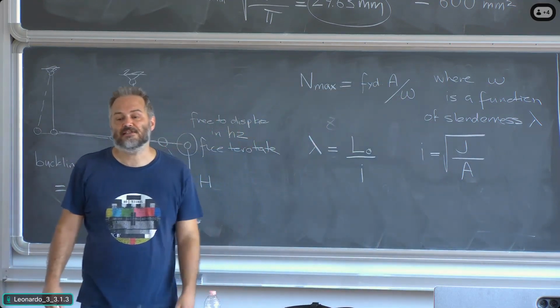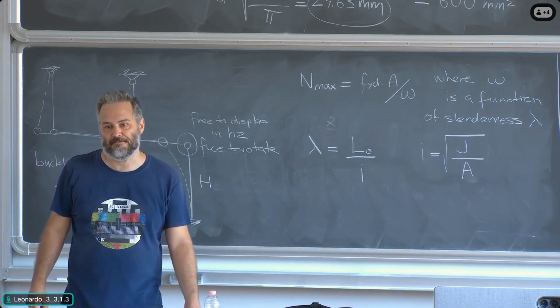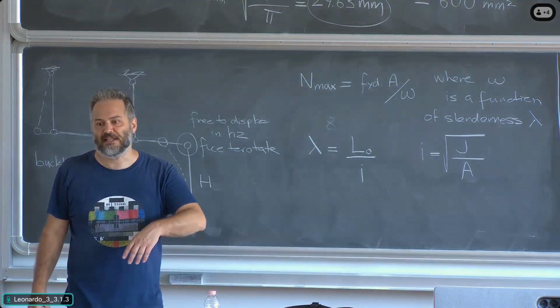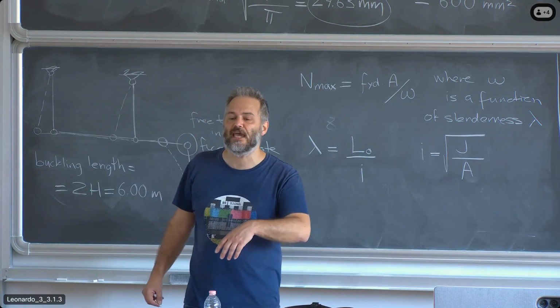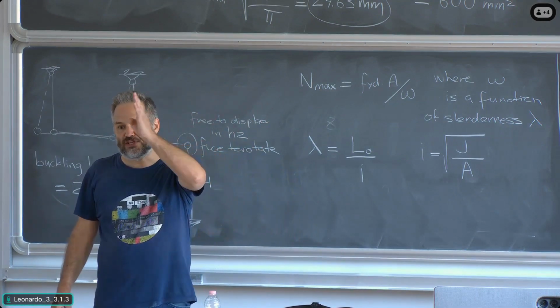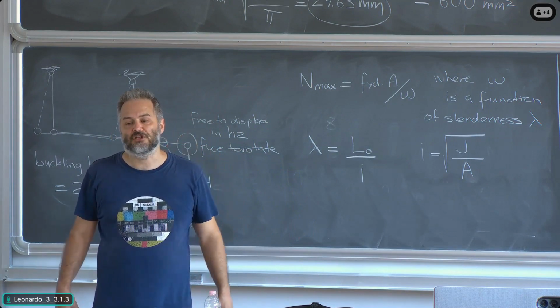In our case, we have two second order moments of area. We just saw them. Geometric properties of the HEA 140 section are area and two second order moments of area. Which one do you take for doing the check?